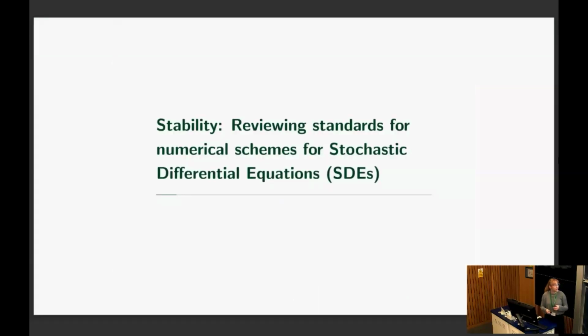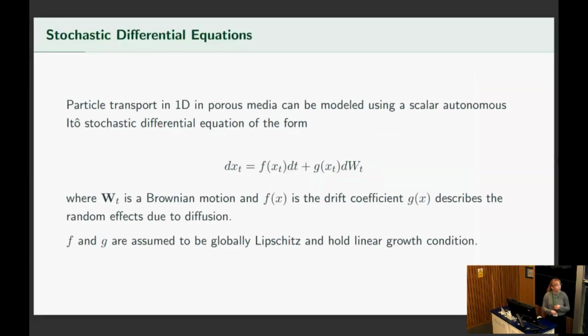Starting with stability, this work focuses on reviewing standards for numerical schemes for stochastic differential equations. We note that stochastic differential equations are widely used in applied problems to model both deterministic drift and any random effects due to diffusion.